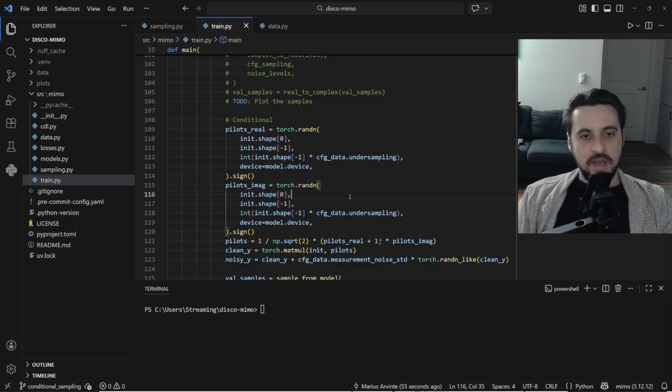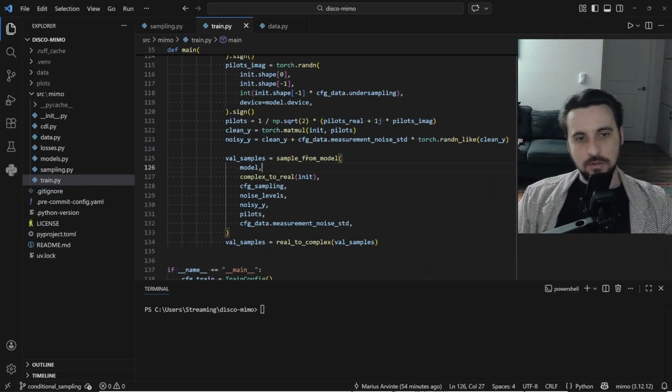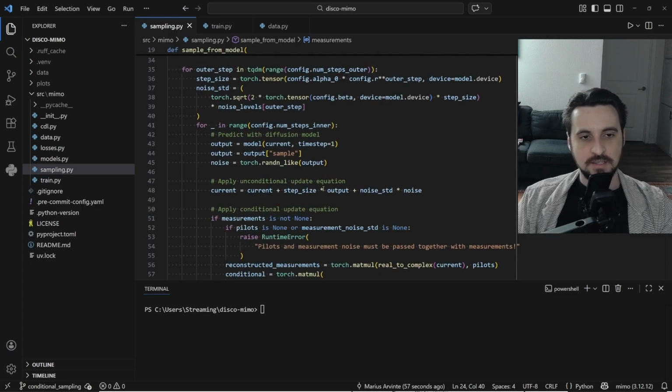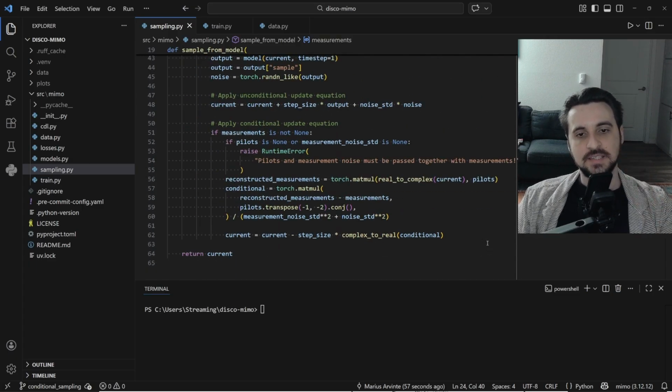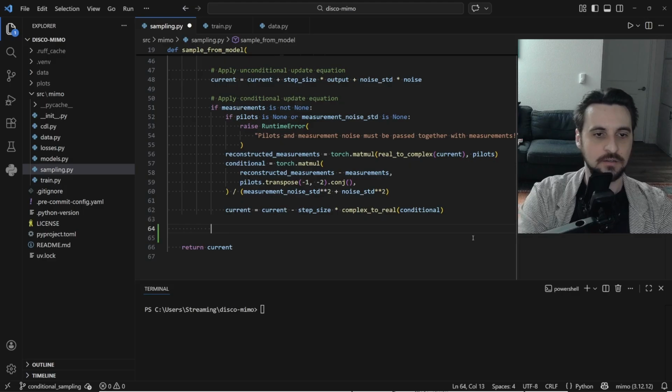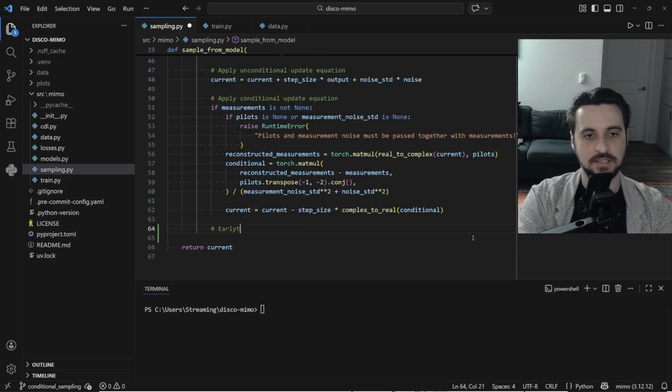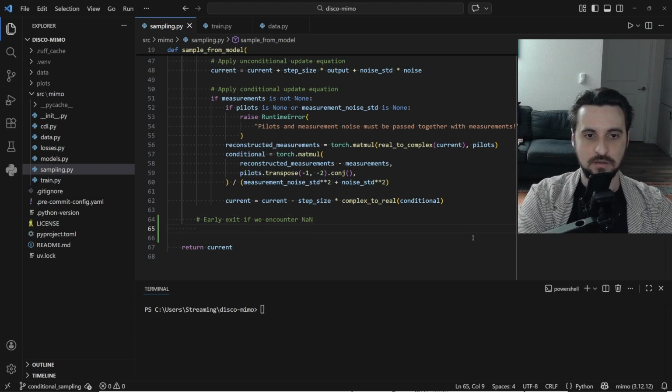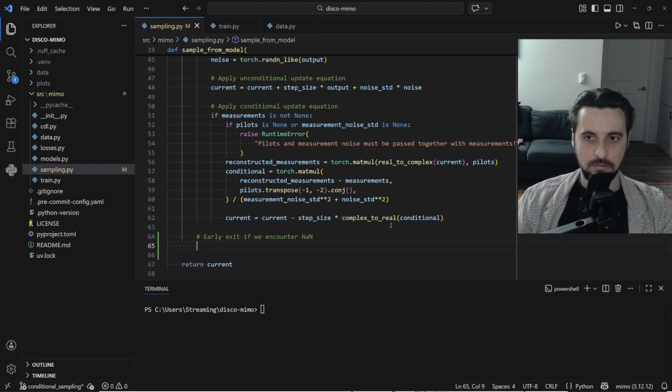Okay, so now we sample the pilots. The only thing we can do to be a bit cheeky is we can early exit on the outer loop. Early exit if we encounter NaN, because there's no point anymore.